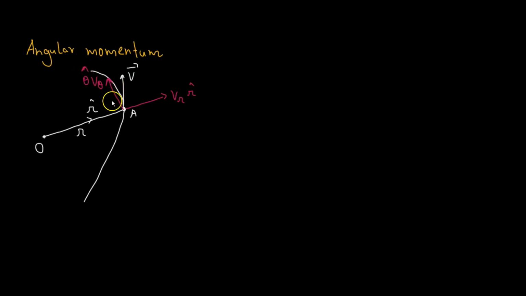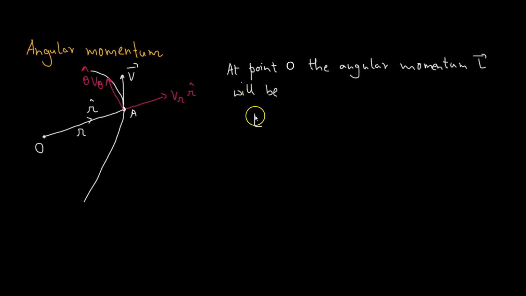Fine. Now at point O, the angular momentum L vector is equal to the radius vector crossed with the momentum of the particle at that point A. So this is how we can define the angular momentum.